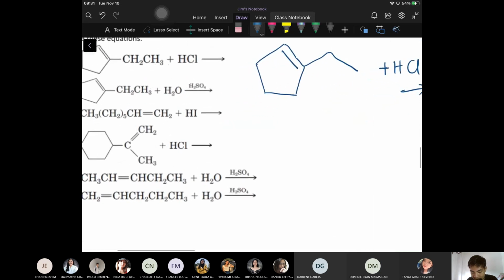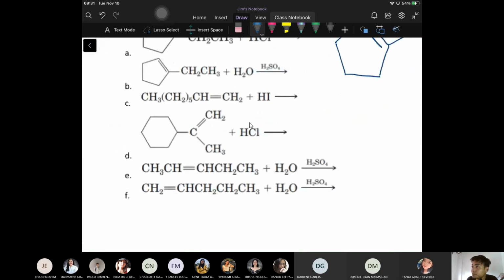Let's have this one. Letter D. Ito, HCl. Ito yung dalawang carbon. Saan pupunta yung H? Dito or doon? Siyempre sa CH2. Obvious naman, dalawa hydrogen doon eh. Ito, walang hydrogen. So, dito pupunta yung H. Dito mapupunta yung Cl. No?